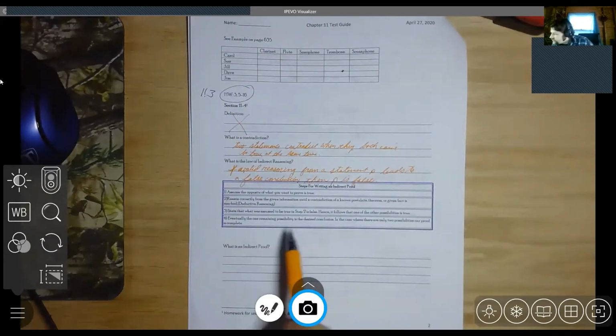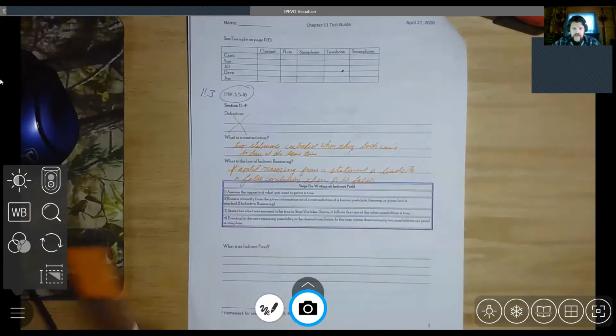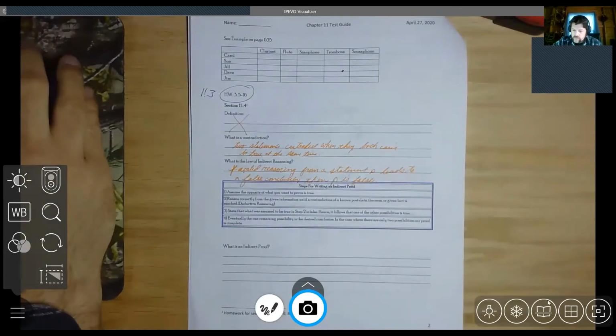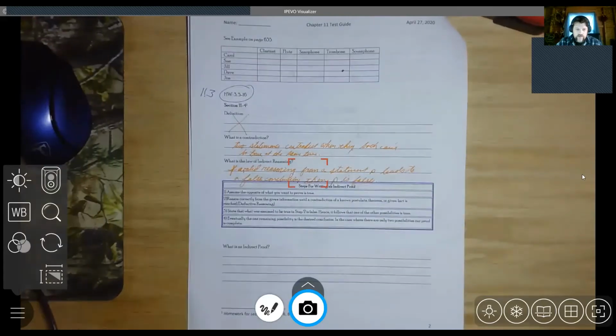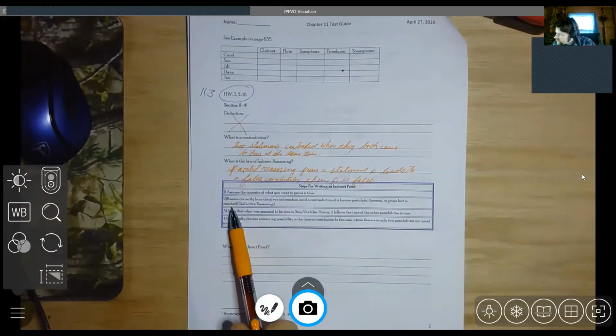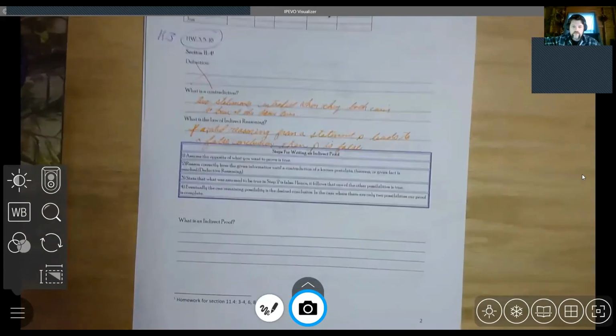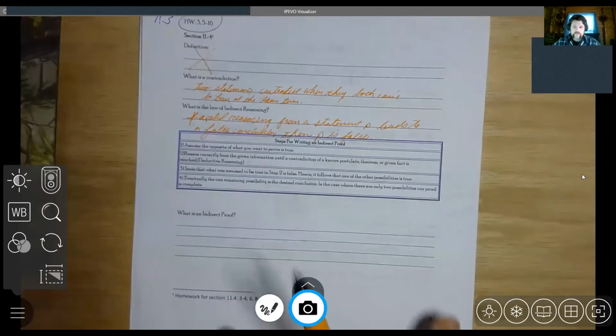So here I have steps for writing indirect proof. Number one, assume the opposite of what you want to prove is true. Number two, reason correctly. Just trying to get this a little bit bigger. There, that's better.